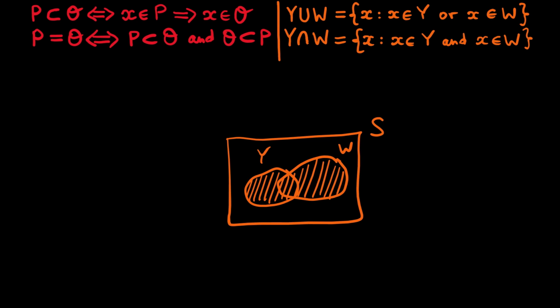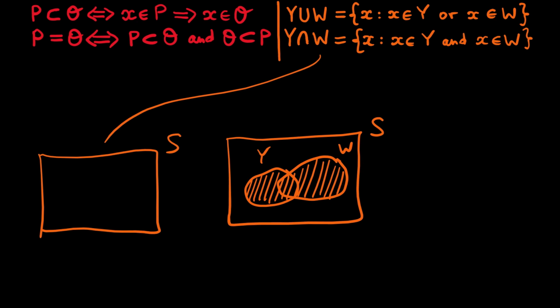Existence in both sets is necessary for inclusion in the intersection. We've got Y here and W here, so it's only the points at the intersection of the two sets that will make it into Y intersection W.